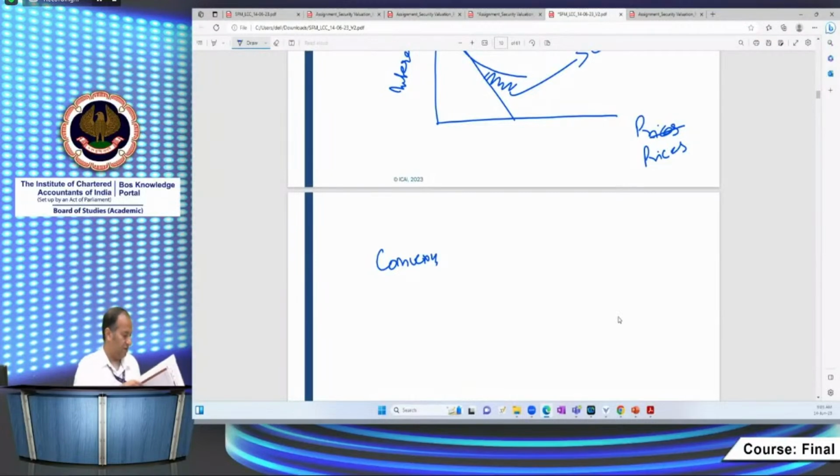One second. This formula I am just writing down. This has been shown on page number 4.22 of the study material. I am reproducing it here.